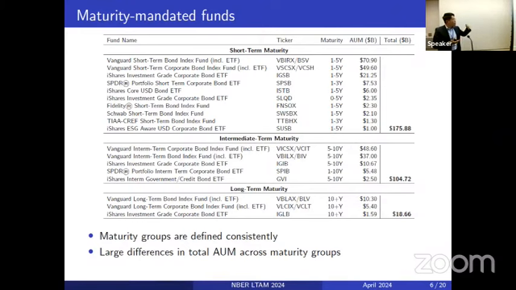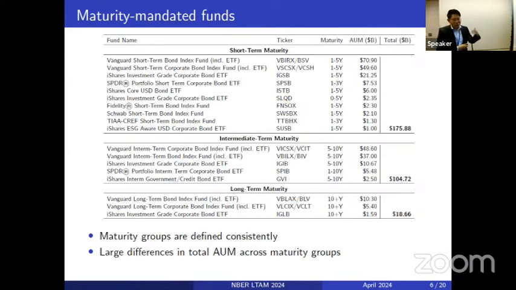Vanguard has three funds in all three categories, and each of them tracks a sub-index of the Bloomberg investment grade corporate bond index. Take the short-term maturity index fund: it tracks the Bloomberg investment grade corporate bond index with maturity from 1 to 5 years. This index essentially includes all investment grade bonds outstanding with maturity from 1 to 5 years, as long as they satisfy certain inclusion criteria.